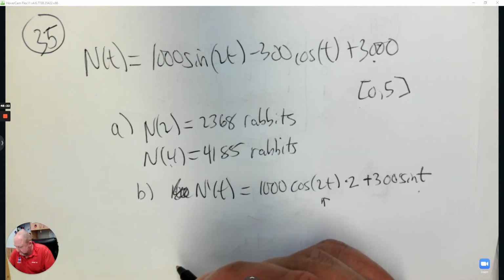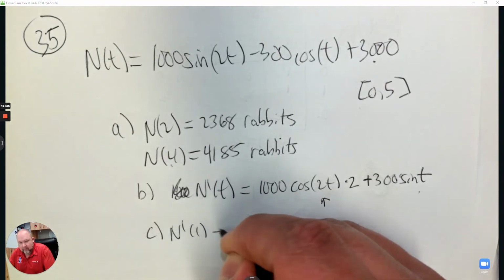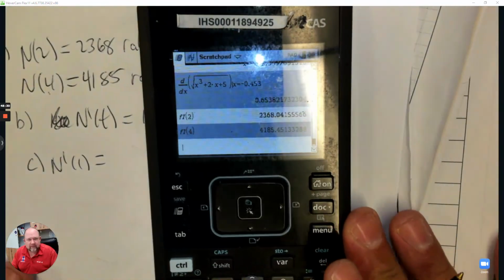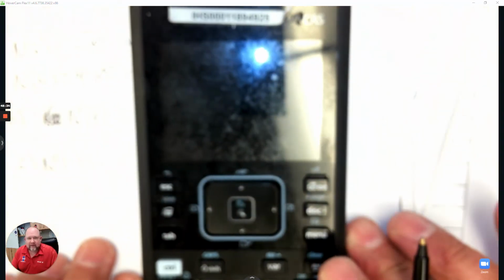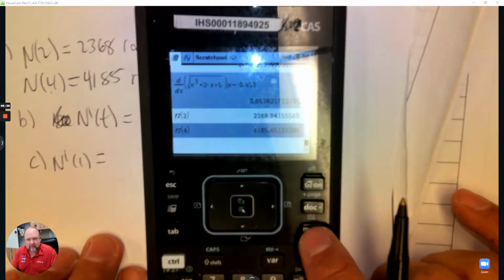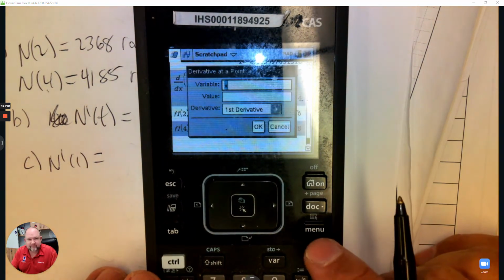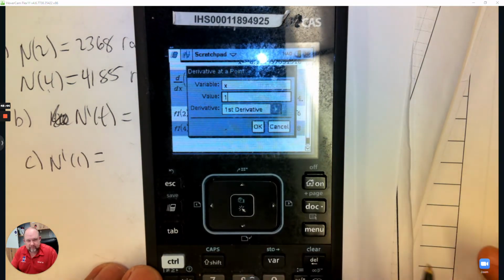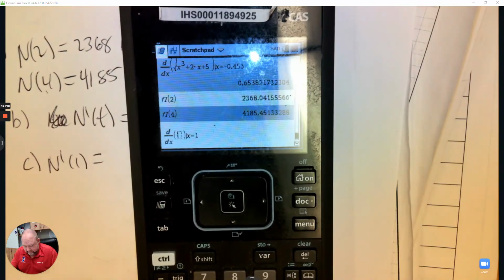C, use a calculator to find the derivative at 1. So we've already done the hard work, which is wonderful. So how would I find the derivative at 1? I would turn it on, go menu, calculus, derivative at a point, and it's just F1 at x.